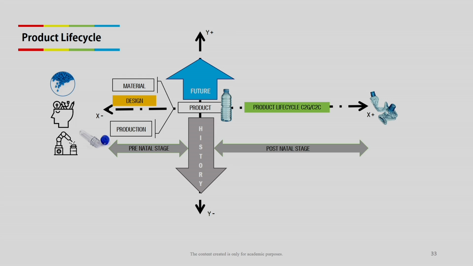Before manufacturing this product, a particular design firm or manufacturing unit produced different kinds of other bottles also. So, a product has its own history, and in future they will make other bottles also which may have different forms. So, a particular product has a future and it has a history.